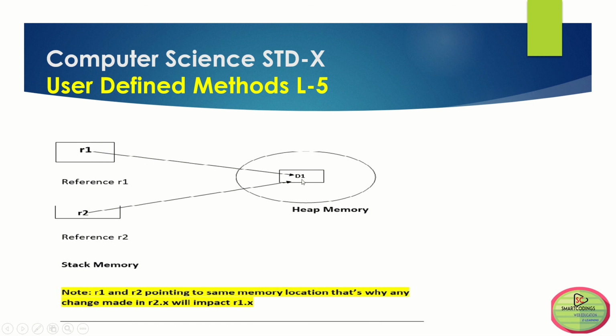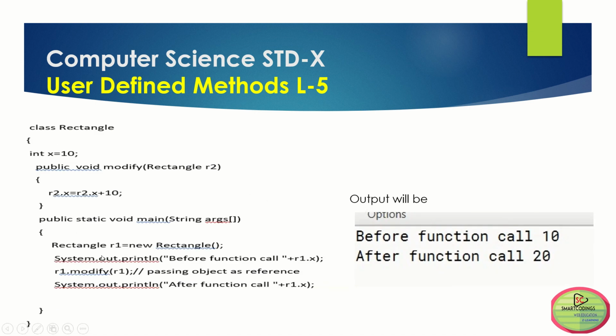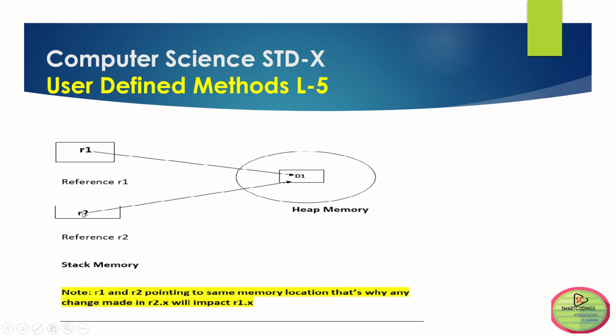D1 is an object. Now, when we call the function modify R1 and pass R1 here, in the method header we have passed an object as a reference, that is, R2 is a reference. In the diagram, as R2 is a reference variable, it is also created in the stack memory.